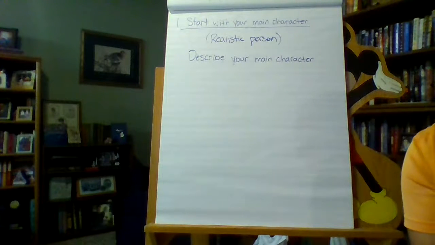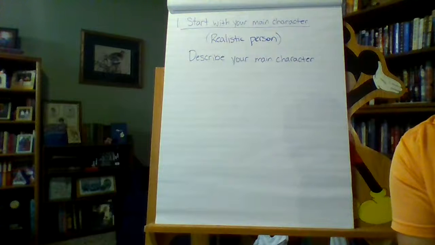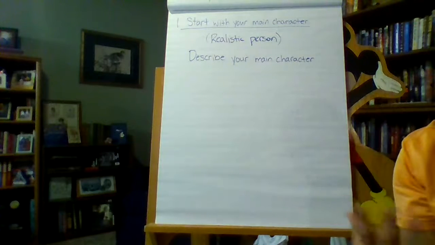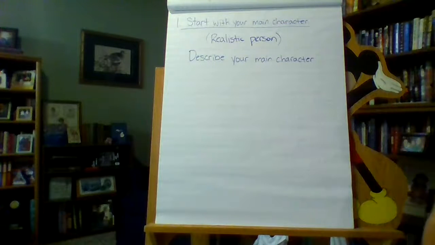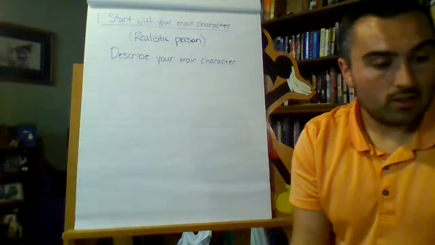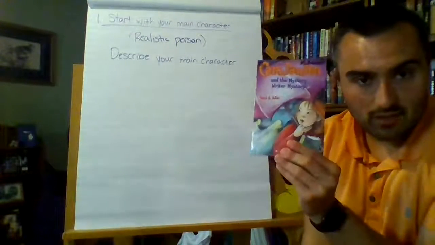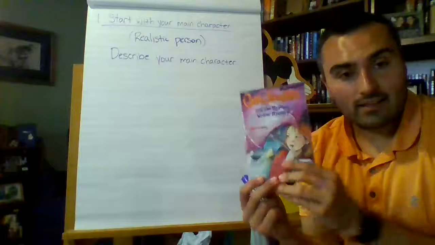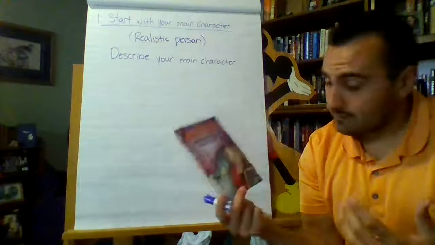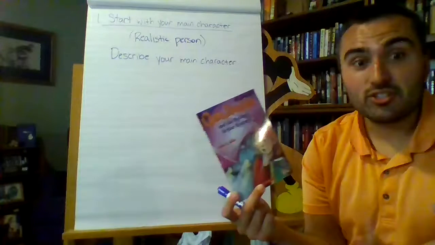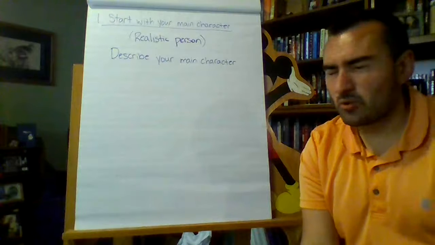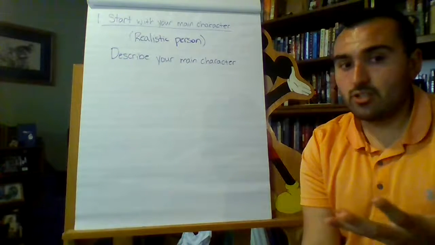For example, your main character might be tall and slim with short brown hair, green eyes, lots of freckles, and dimpled cheeks. So you want to really describe your character. So like Cam Jansen, some of the things we've kind of heard right off the bat is that she's a girl, she likes books, but a big thing is that she has the photographic memory. So she can look at something, close her eyes, and click, and she remembers that.